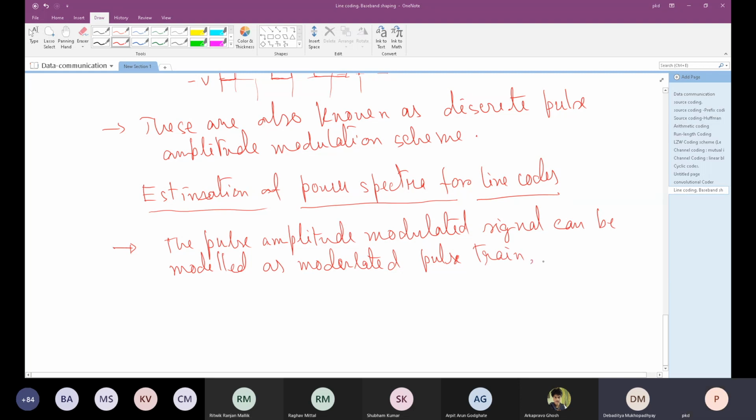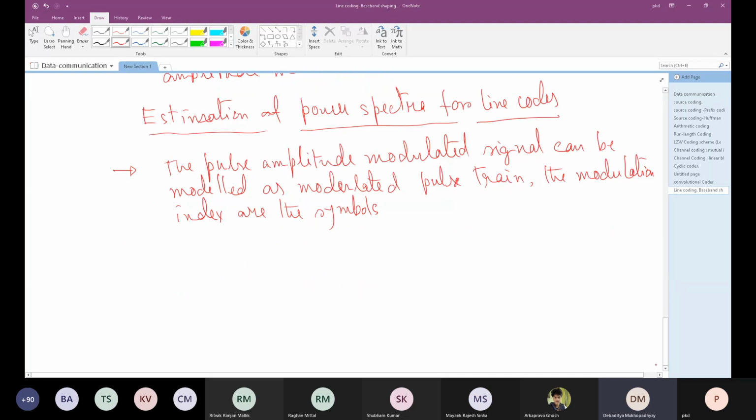The modulation index are the symbols. So we can write x(t) is equal to the sum over k equal to minus infinity to plus infinity of a_k p(t minus kT).